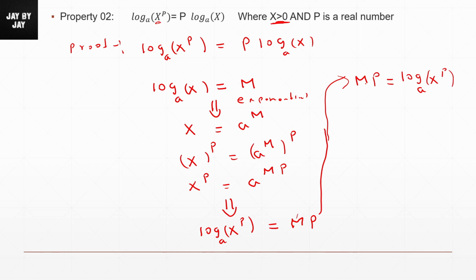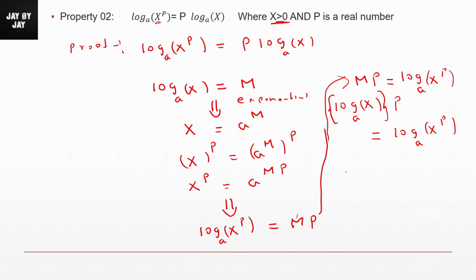I am going to substitute the m value from here. m is log base a of x, and it's a separate term, there's a p also here, and equal to log base a of x to the p.